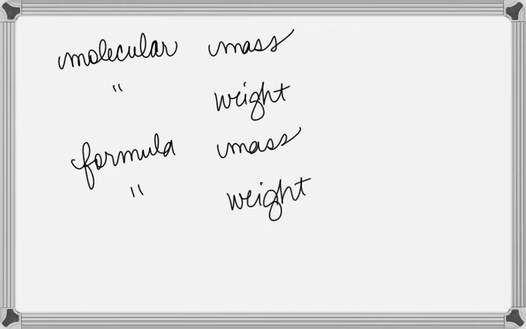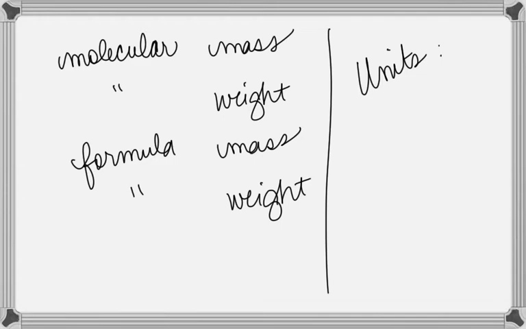The units for these calculations, for the mass of a molecule, because that's what molecular mass is, the mass of a molecule, are AMU. What does AMU stand for? Atomic mass unit.